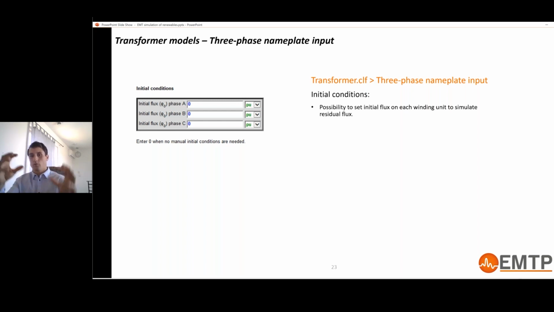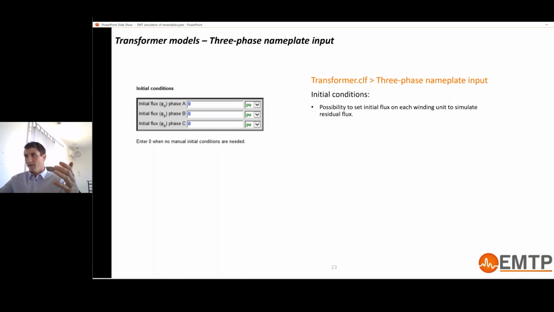I like to start with the most simple version possible, obtain some results, then add some more sophisticated model and enlarge the size of the network. For the transformer, if you're not sure, first run the simulation with the 3-phase nameplate input model that we are showing now, and then use a better one. Even if you have missing data, you put typical data and simulate that. If you see a difference in result, it means it has an impact.